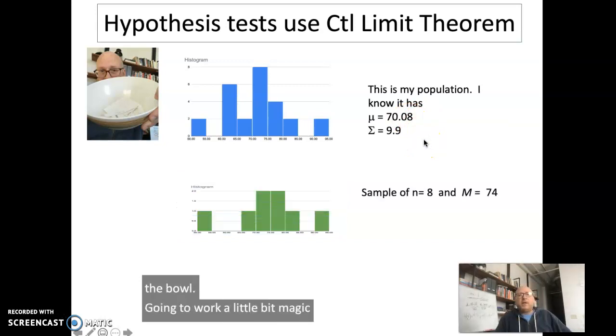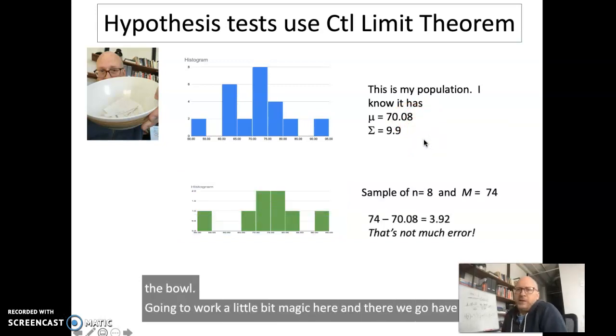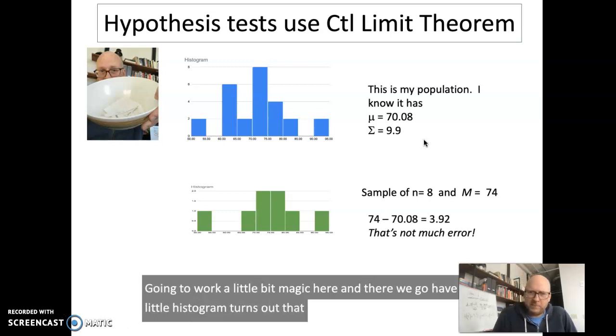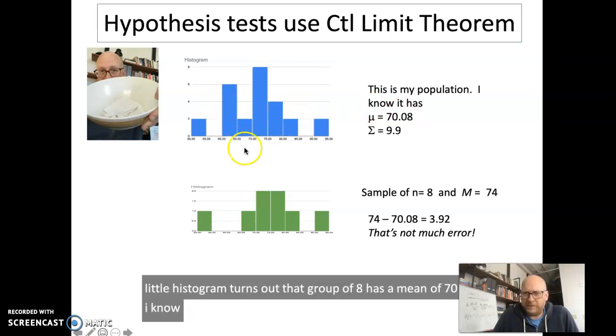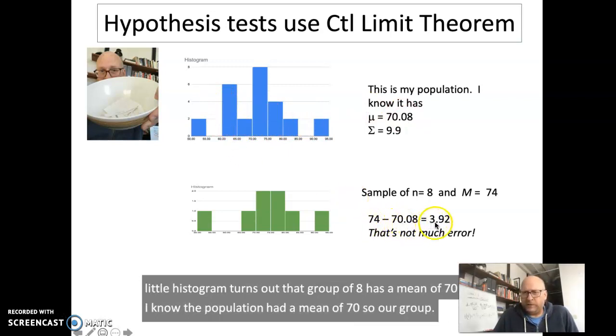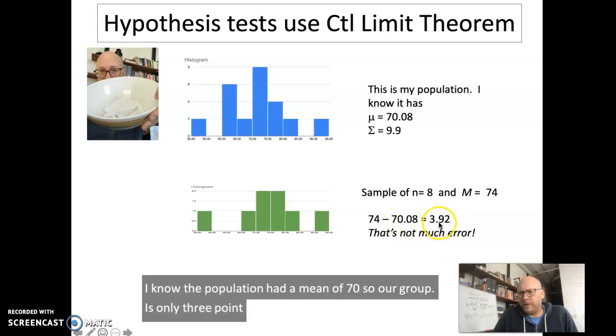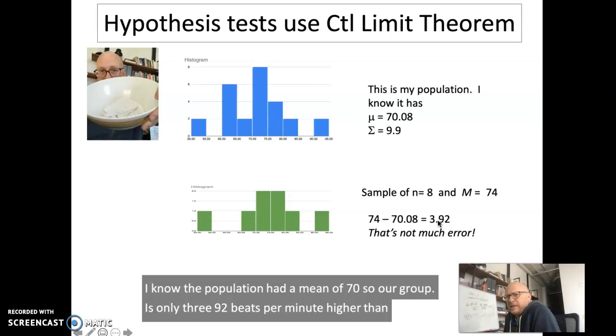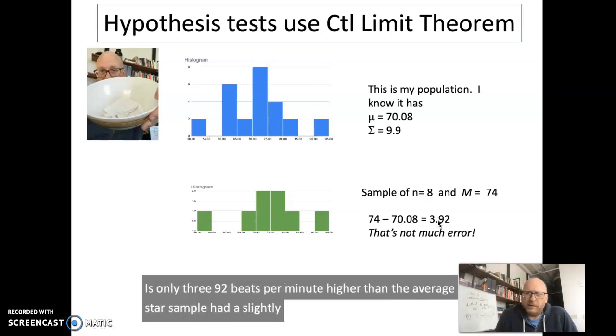And there we go. Have a little histogram. It turns out that that group of 8 has a mean of 74. I know the population had a mean of 70, so our group is only 3.92 beats per minute higher than the average. So our sample had a slightly higher heart rate than the population.